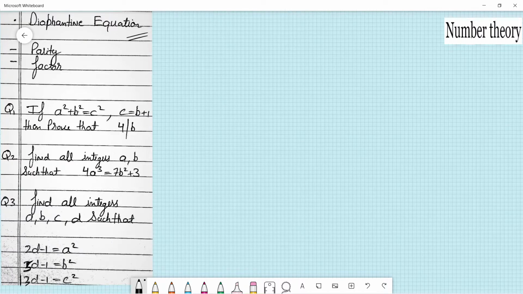The first one says, if a square plus b square equals c square and c equals b plus 1, then prove that 4 divides b. Okay, let's write it here.